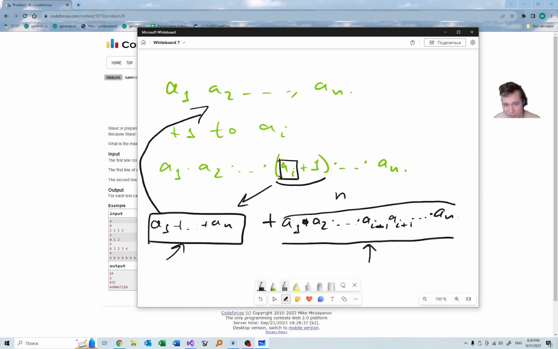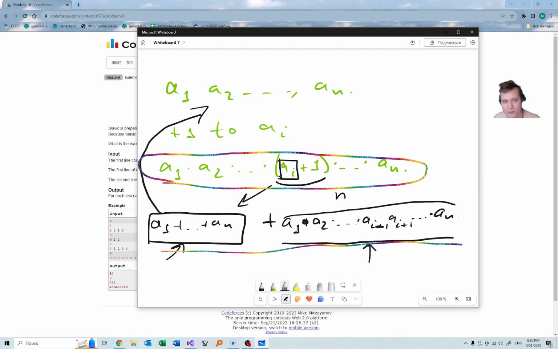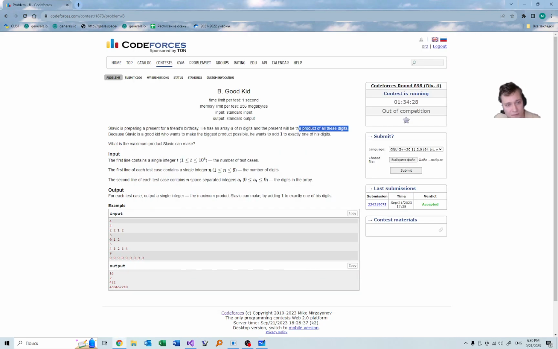So after we have understood this, we do not actually need this expansion. We can work with this one. So what we need to do is find the minimum digit, add 1 to it, and then multiply them all. And you will get the correct answer.